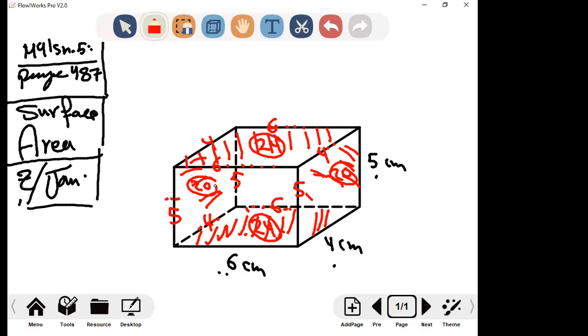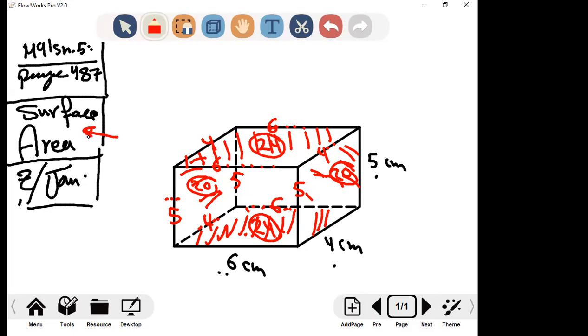For 30 and 30, I will say 2 multiply 30. For 24 and 24, 2 multiply 24. For 20 and 20, 2 multiply 20. That's why we have a special formula for the rectangular prism.